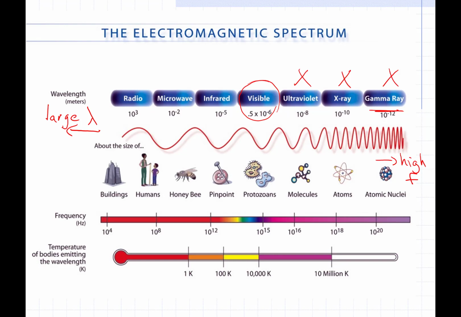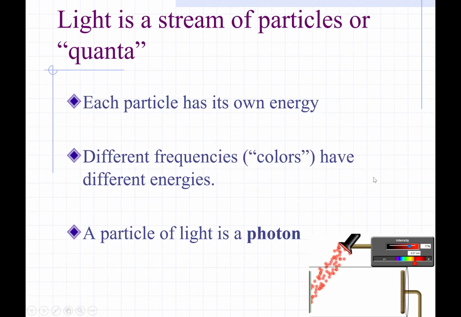And this is because light isn't just a wave, it's also a particle. Really, we can treat a wave of light as a stream of particles, which are called quanta. And each particle has its own energy. Different frequencies of an electromagnetic wave have different energies, and each particle of light is called a photon.